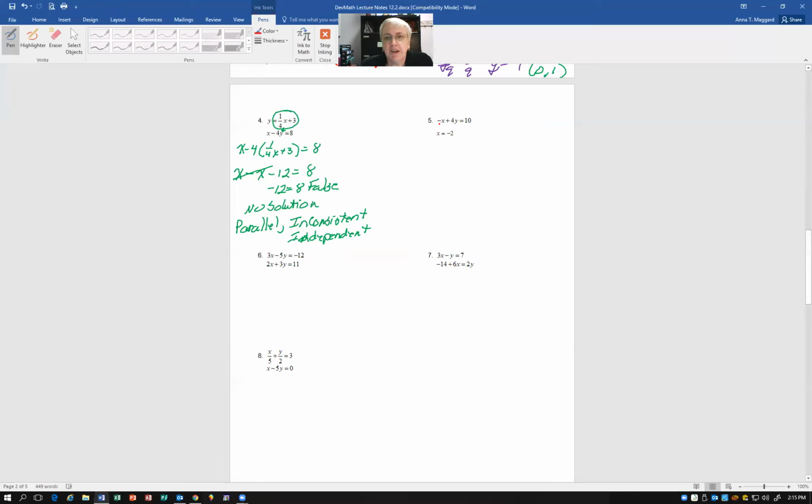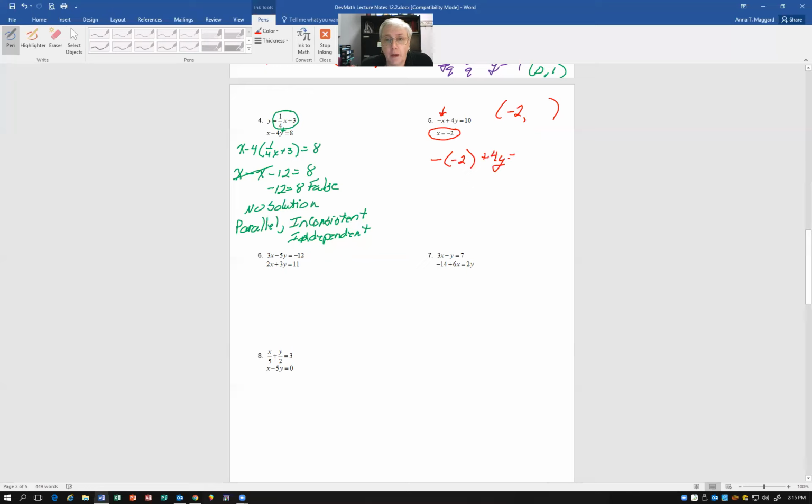This next one, I have negative x plus 4y is 10, and x equals negative 2. Oh, this is kind of nice. I'm just going to put negative 2 right there where the x was, because x is negative 2. I already have my x value. Now, when I put it in here, I've got this negative that's on the x. So there's the negative that's on the x. In place of the x, I'm going to put negative 2.